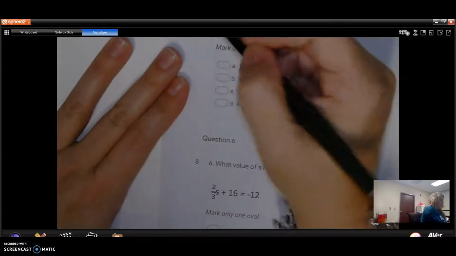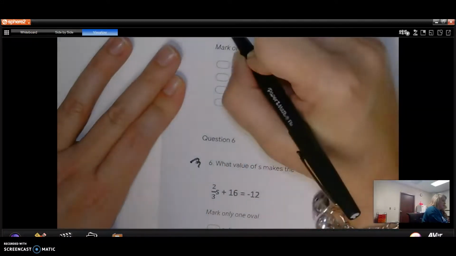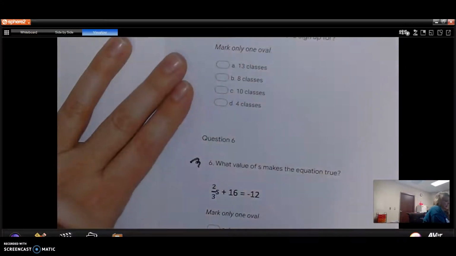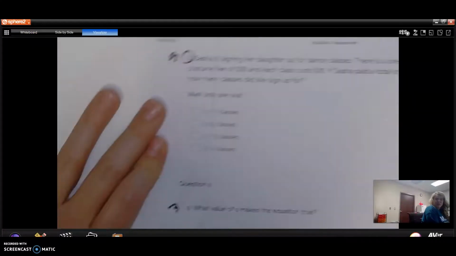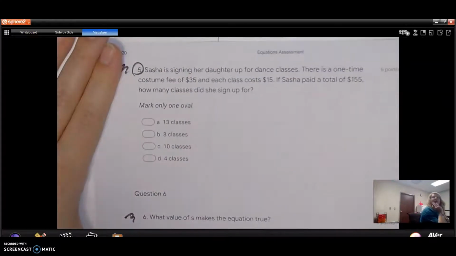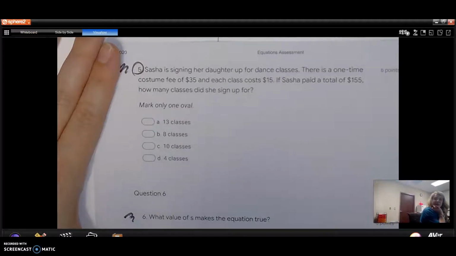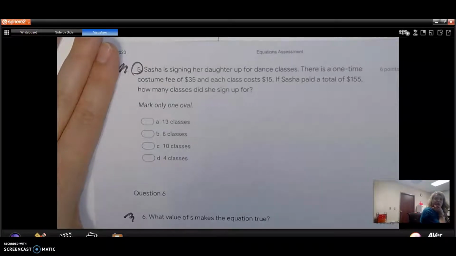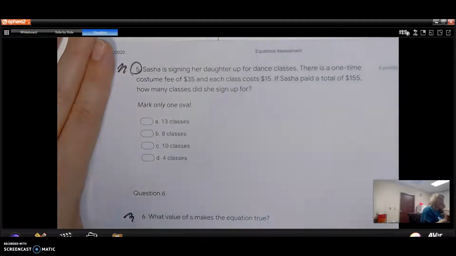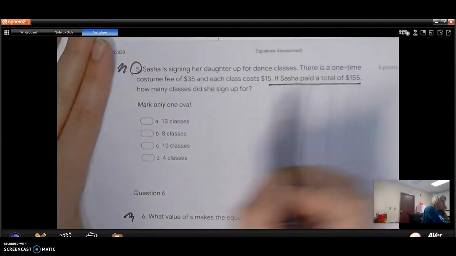All right, let's look at number 5. Sasha is signing her daughter up for dance classes. There is a one-time costume fee of $35, and each class costs $15. If Sasha paid a total of $155, how many classes did she sign up for?